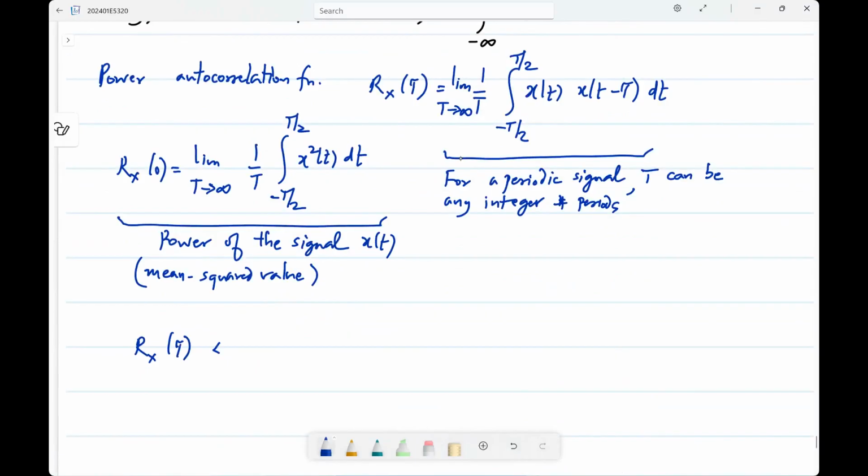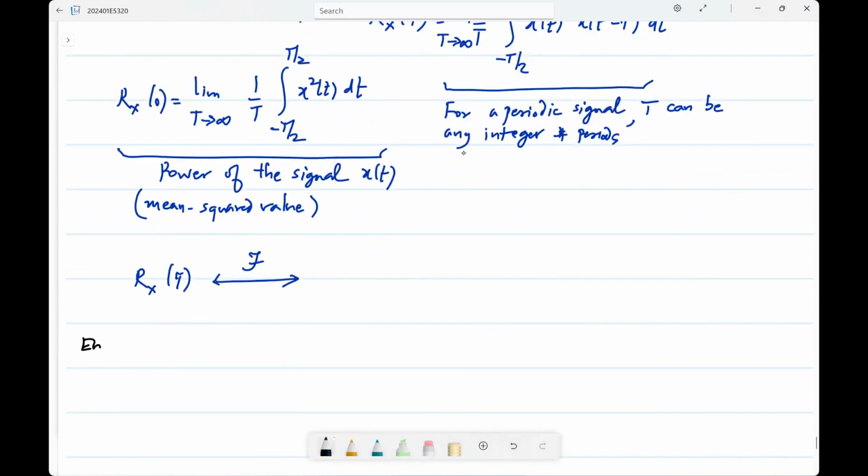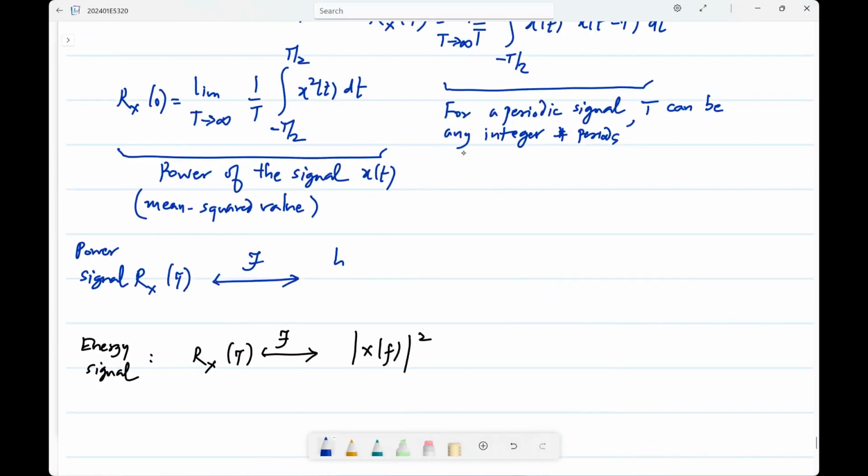So now this Rx of tau, what is the Fourier transform of this? Earlier, for the energy signal, the Fourier transform of this was that one. Okay. Now it turns out for the power signal, okay, it is this.